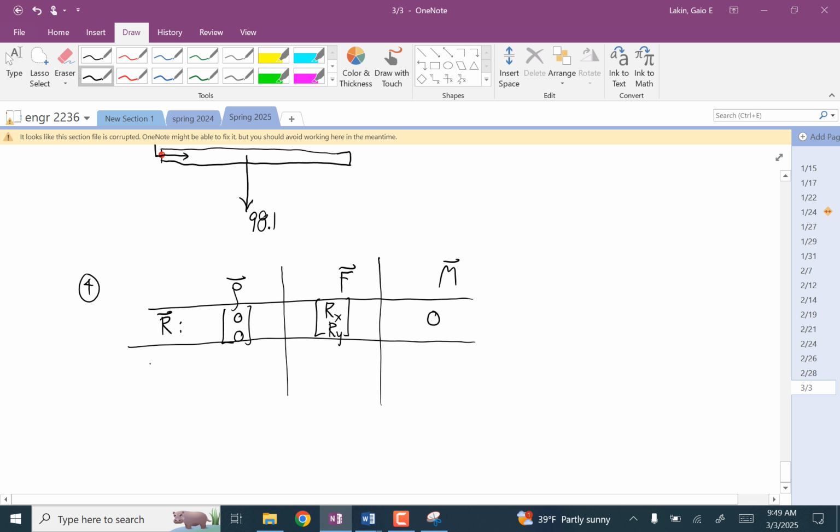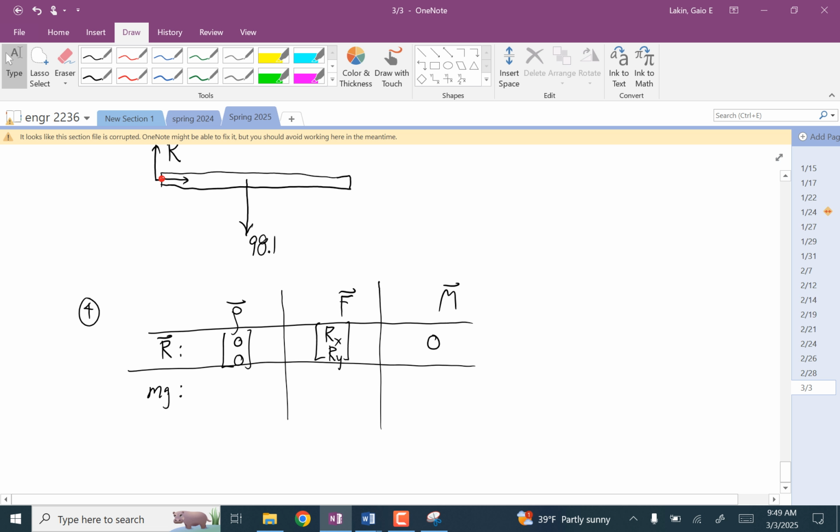And now we'll go to the weight force. So what's the vector from the about point to where the weight force is applied? 1, 0. Yep, 1 in the positive x, 0 for y. The force is 0, negative 98.1.